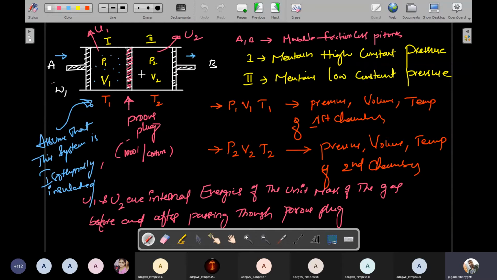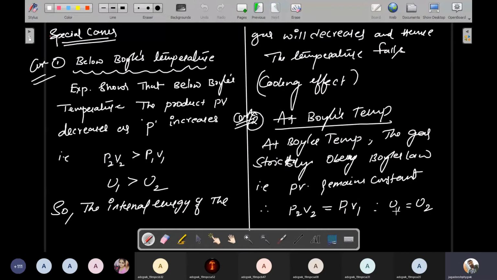But at Boyle temperature, the product PV in both chambers is equal. If the products of both chambers are equal, then definitely their internal energies also will be equal. So from this condition, we can say the internal energy is unchanged, or the temperature of the gas remains constant.